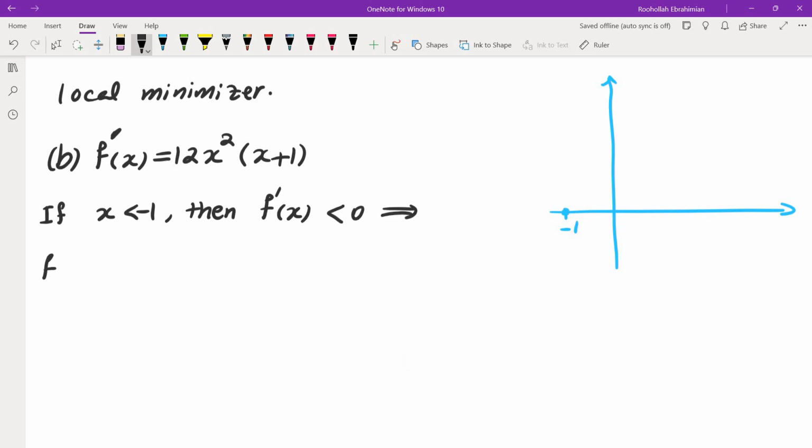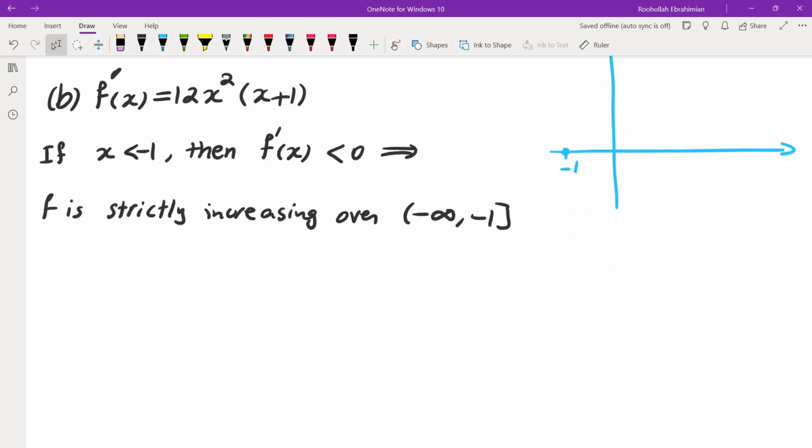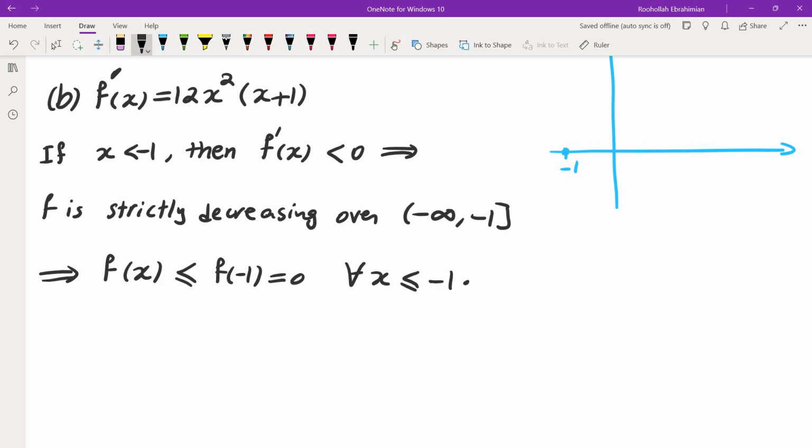So that means f is strictly decreasing over the interval from -infinity to -1. I'm sorry, I first said increasing, but I meant strictly decreasing. That's why f of x is greater than or equal to f of -1, which is 0, for every x inside this interval. So here it is decreasing, so it's coming down.